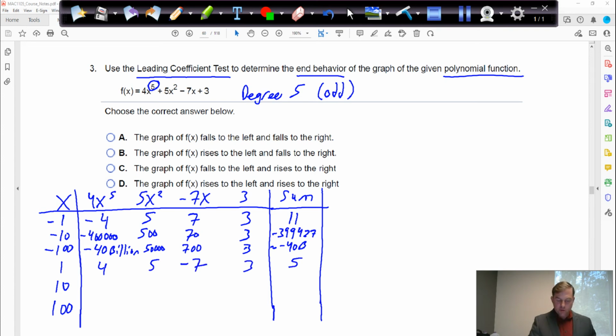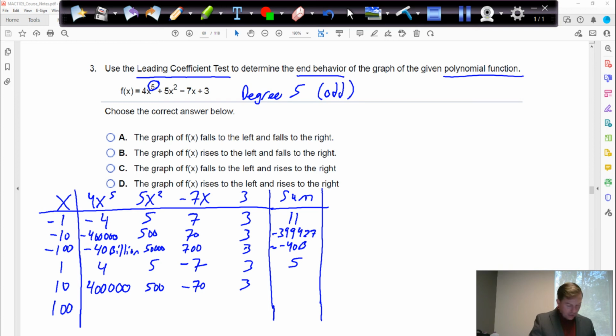So when x's are small, these middle terms do affect it quite a bit. But even when I get to 10, I'm going to get 400,000 here. And we're going to get 500 here. And minus 70 now, and 3.